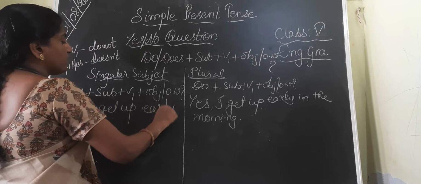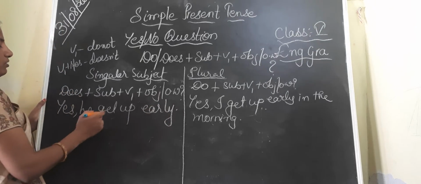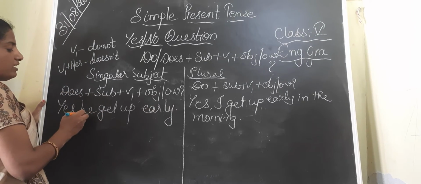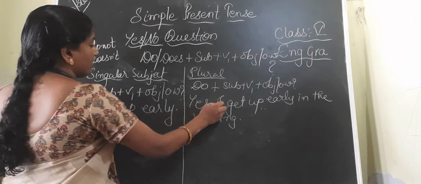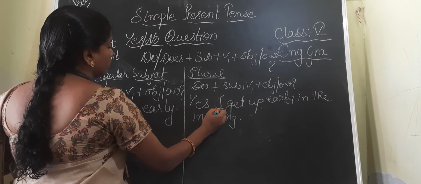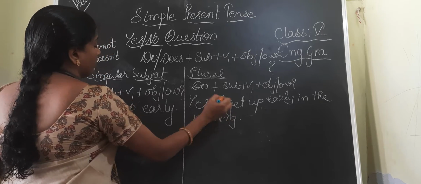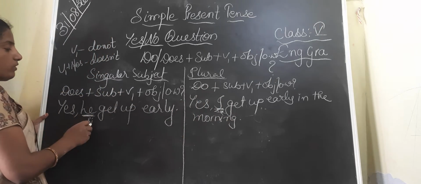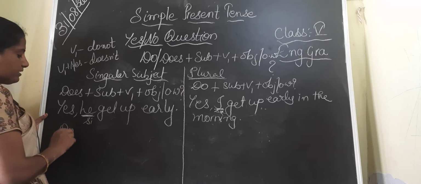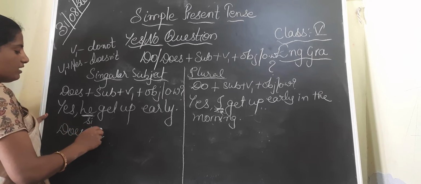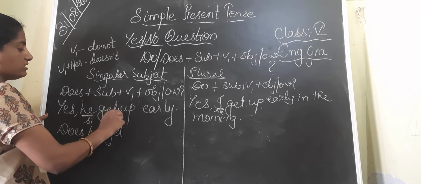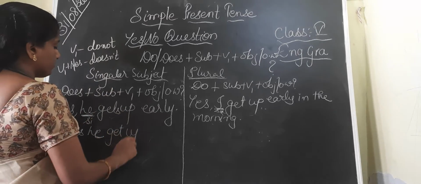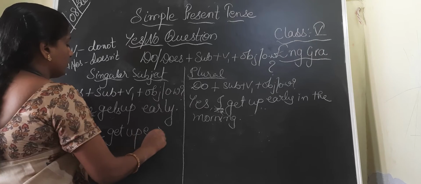Now if you see the answers given to you, here the subject is I, and here, third person singular, so you have to use do. Already we know this one. So singular subject means does he get up early.